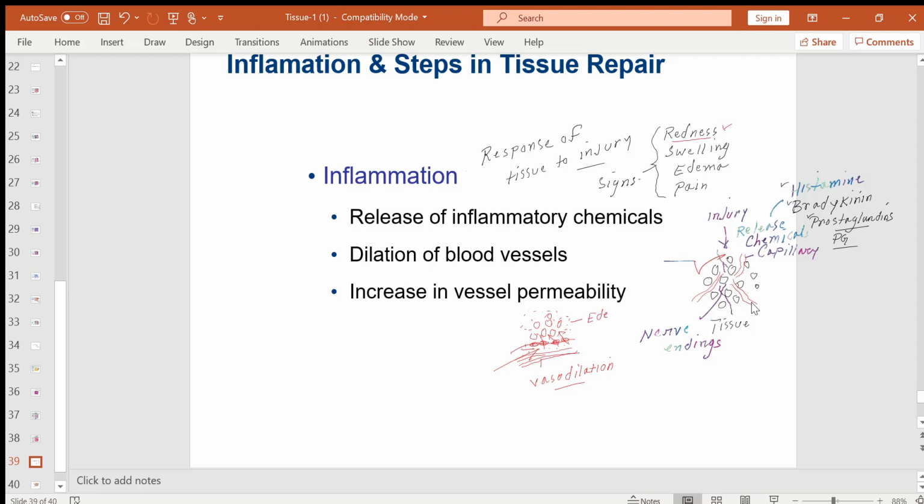Makes sense, right? Edema and swelling. Okay, and pain occurs due to the stimulation of the nerve endings here. So the nerve endings are stimulated by the chemicals, especially the prostaglandins stimulate the nerves, and that causes pain. Okay, so that's how the changes occur at the site of inflammation.